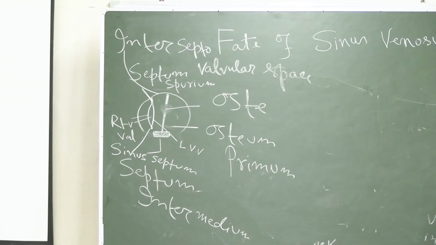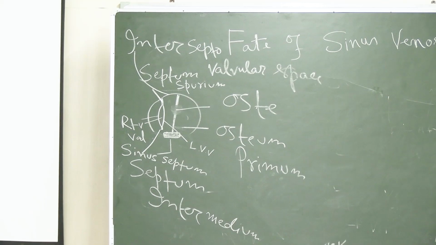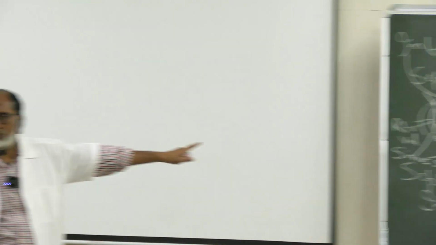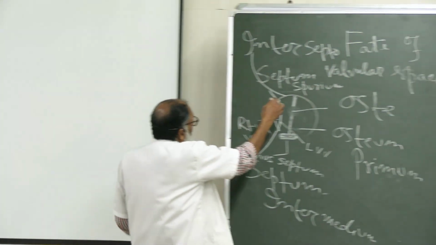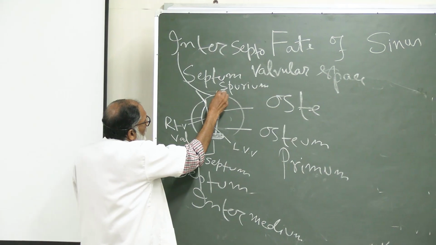That day I made some mistake. I said septomarginal space the previous day, but it is not septomarginal space, you should correct it. It is the interseptovalvular space. So within that area, another septum will develop.